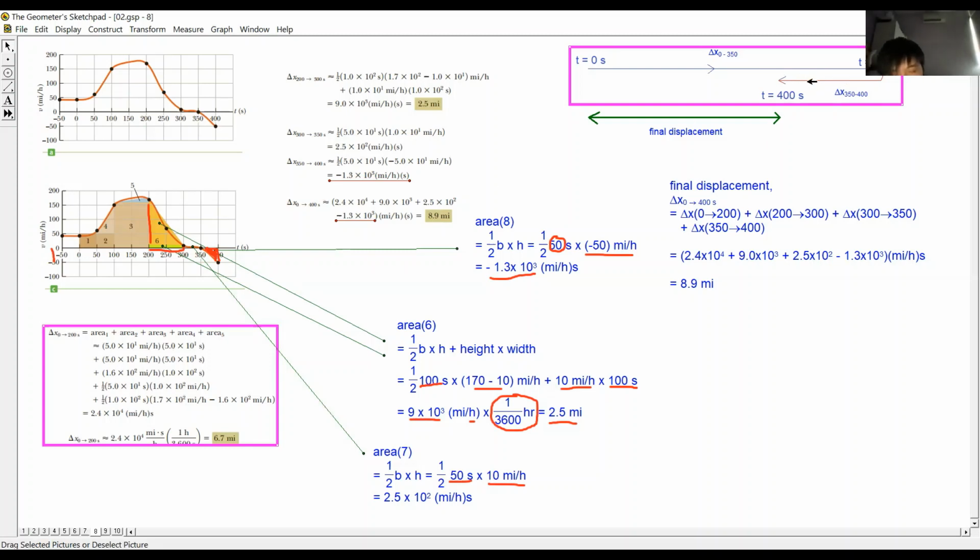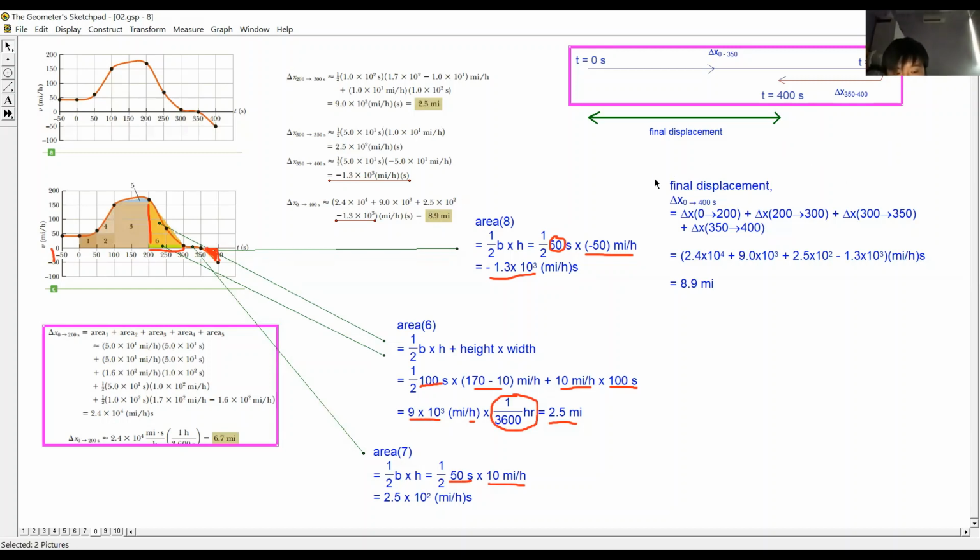Because the velocity is negative, number one. And number two, the displacement that we have calculated here is a negative number. So it means that it is moving backwards. And how much has it moved backward? 1.3 times 10 to the power of 3 mile per hour second.